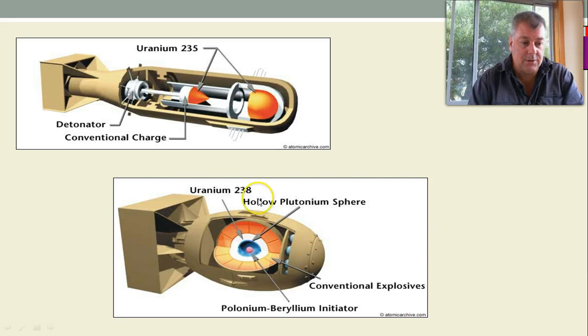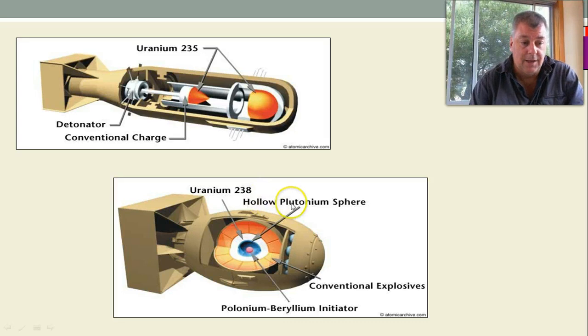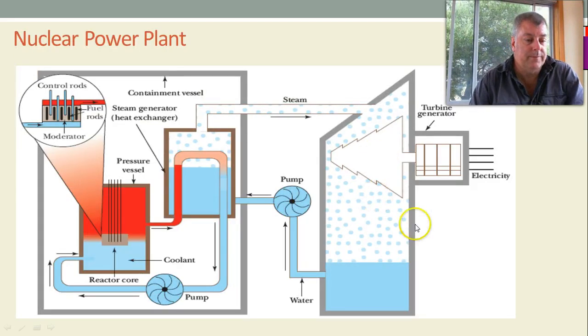So they use explosives, and the shock wave from this sphere of explosives causes the uranium-238 to collapse and initiate fission, an uncontrolled chain reaction, and that releases another shock wave in this case, and that shock wave causes a plutonium sphere to go critical, and that's how you get a plutonium bomb, or an H bomb, sometimes referred to. Much more powerful.